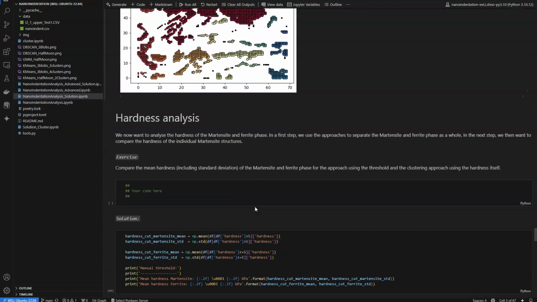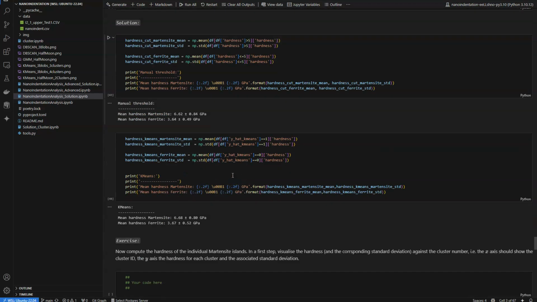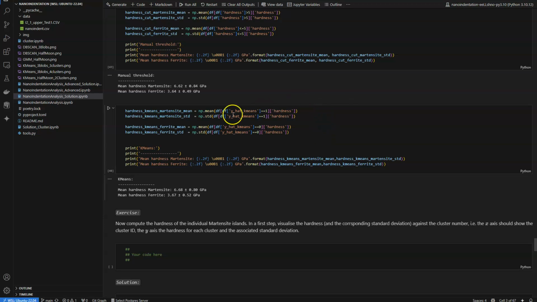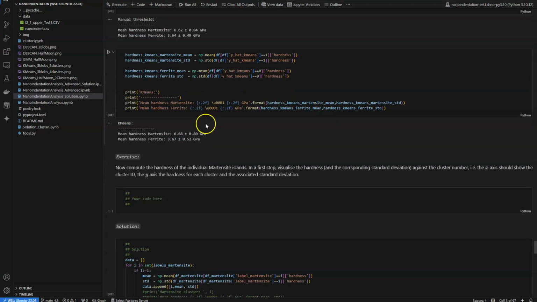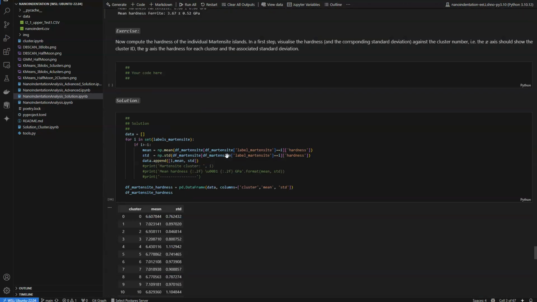Now we can look at the hardness of all of those 25 clusters. This is what we had with the manual threshold, and this is what we did with k-means with the 2 clusters. Now we want to do this for all of the clusters that we have introduced here.